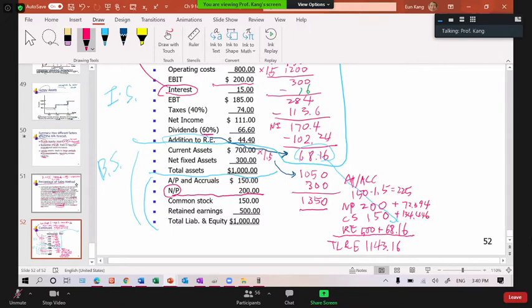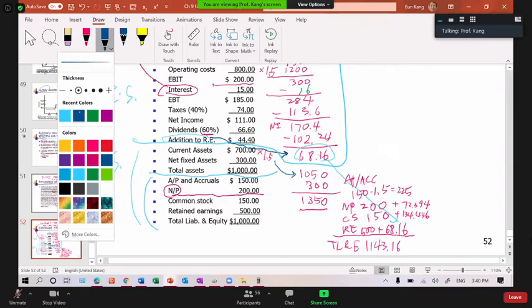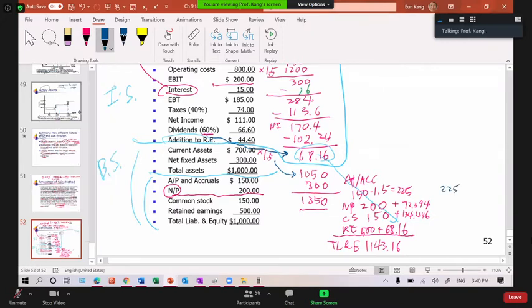Then now your right-hand side is, if I write down new numbers, 225, right? And this one, 272.394. And this one, 150 plus 134 is 284.446.